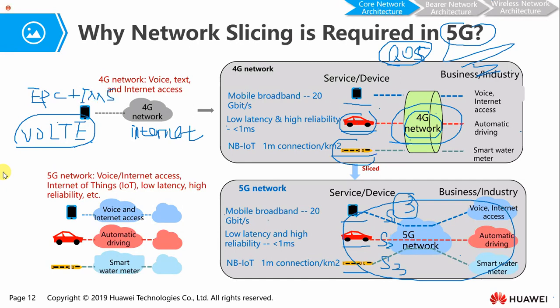When we make a call with other people, at the same time we can also access the internet because it has two subnetworks. So I think slicing is similar to that. When I make a call with my friend, I can also surf the internet at the same time. Actually, it's one slice, slice two.